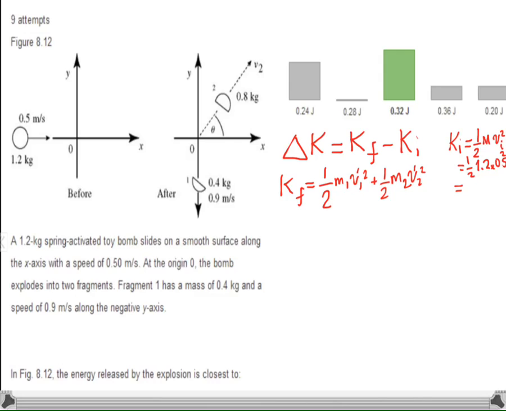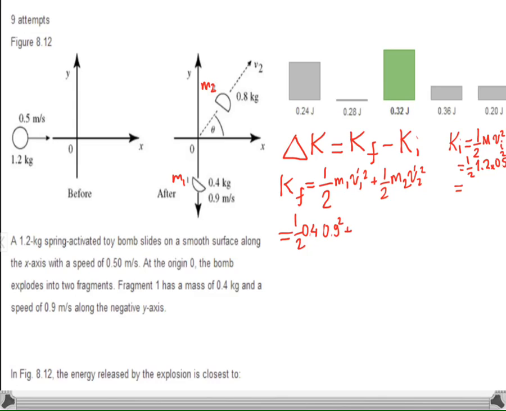But the thing is, what about this final kinetic energy, right? Let's take this object as M1 and this as M2. The problem gives the velocity of M1. 1/2 times M1, which is 0.4 kilograms, and V1 prime is 0.9.